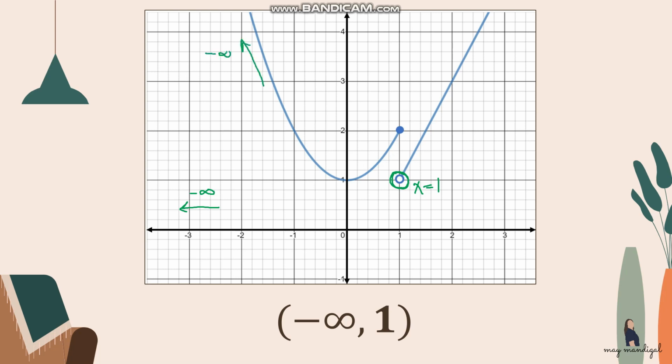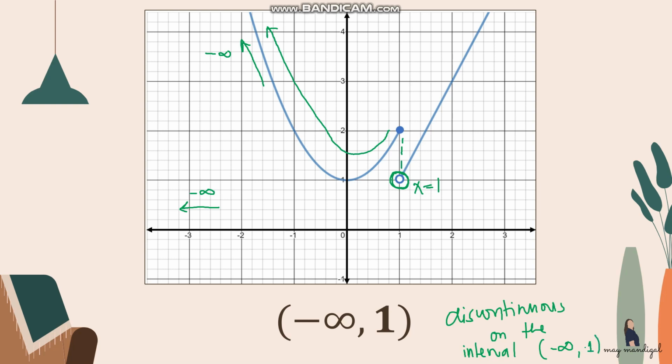From this point going to that side, you will see that there is a gap before we can go there. So that means our function is discontinuous on the interval (-∞, 1).